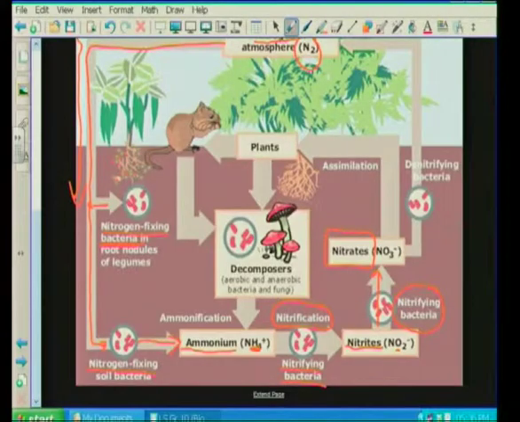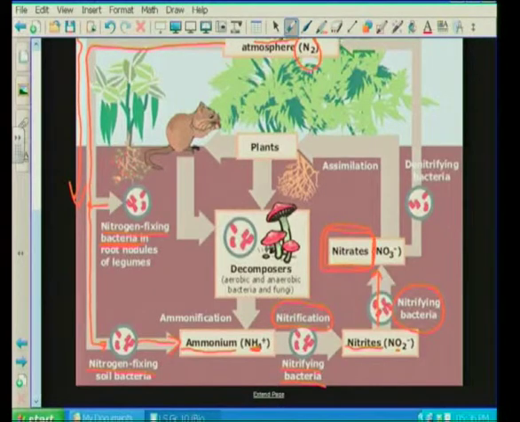Now I said there's another group of bacteria, and that's called nitrifying bacteria. So you can see now we have different groups of bacteria doing different conversions of the nitrogen. Now, what's important is that we can actually call this plant food.